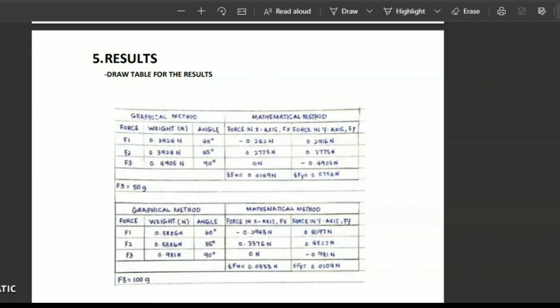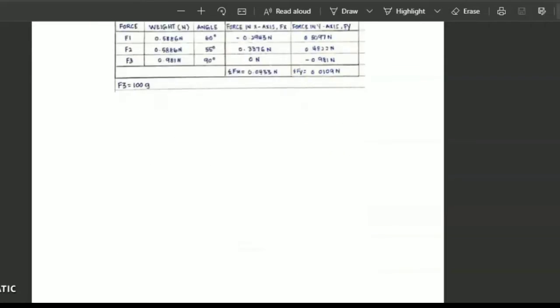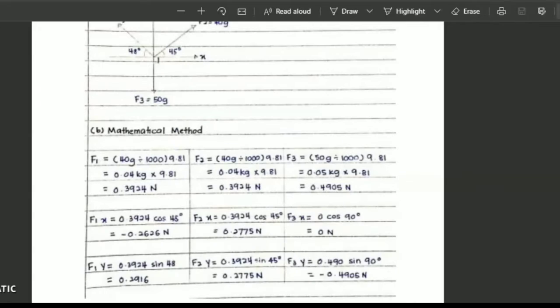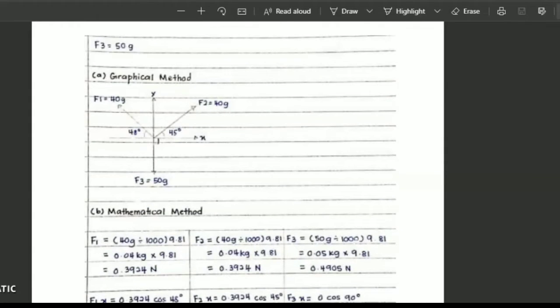So for result, this is a table after we do graphical method and mathematical method. So for calculation, for table 1, first 3 we got 50 gram. So this is a graphical method.